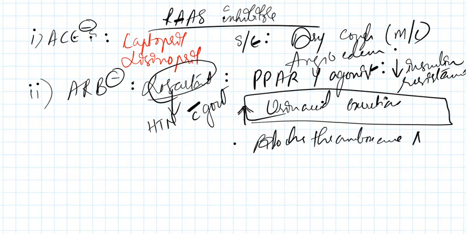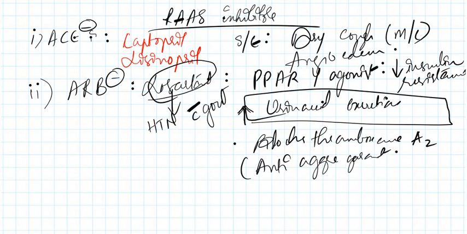By blocking thromboxane A2, it acts as an anti-aggregant. Okay, now with this we are done with angiotensin receptor blockers.